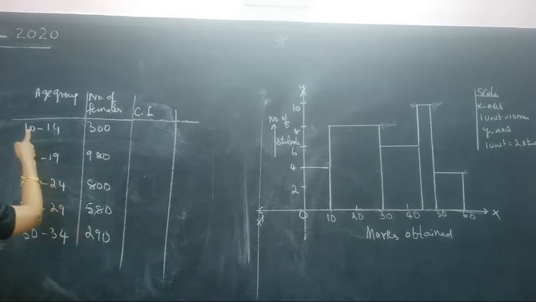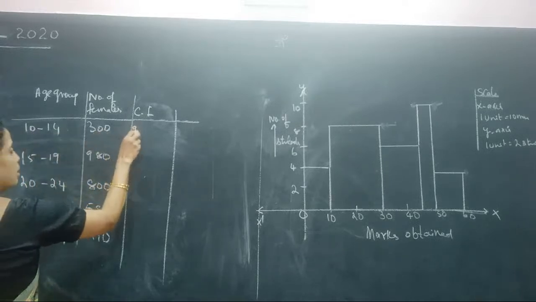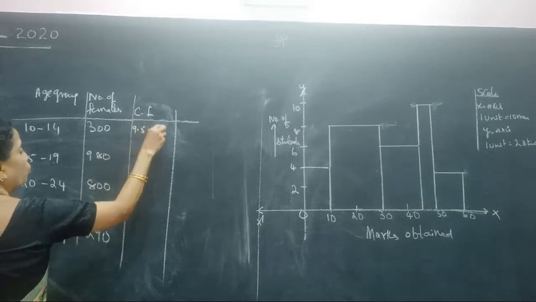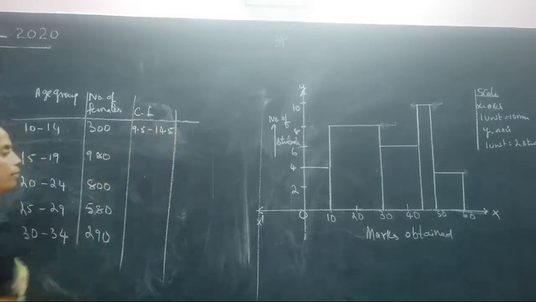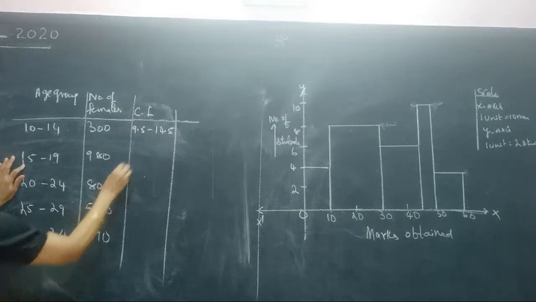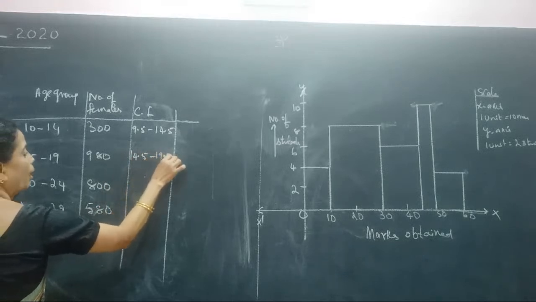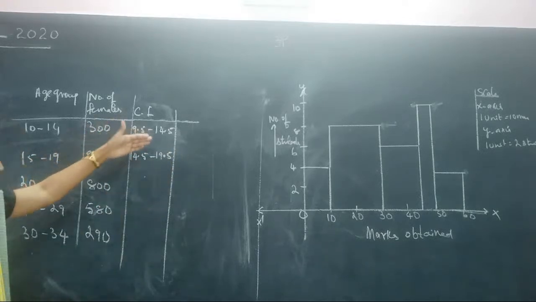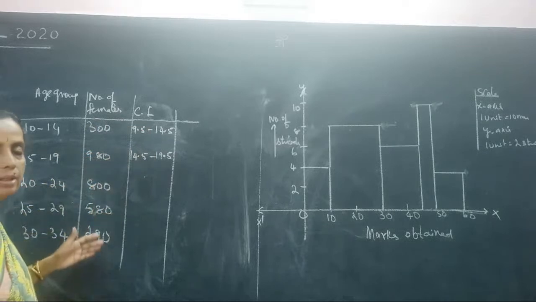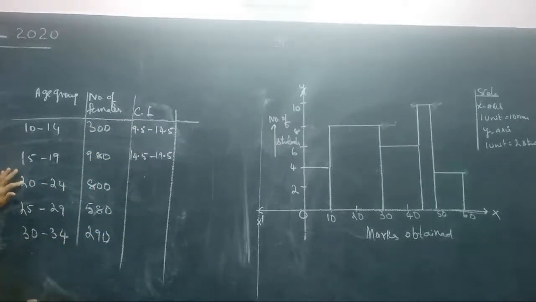That is, 10 minus 0.5 is 9.5 to 14.5. Now subtracting 0.5 here, it becomes 14.5 to 19.5. Here comes the continuous class interval with the same class size.